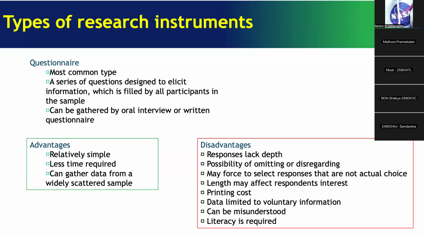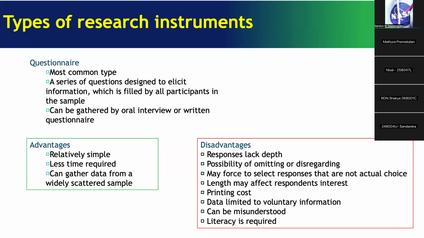And also the length. If the question is very long, now think about the questionnaire that I shared. Some of you said I have started but didn't complete. Maybe because it's too long, because you lose the interest. When you start doing it, you find something else interesting. But think about that as well when you are developing questionnaires.